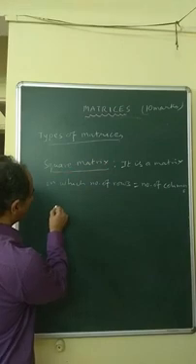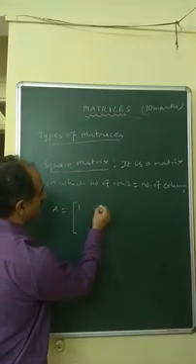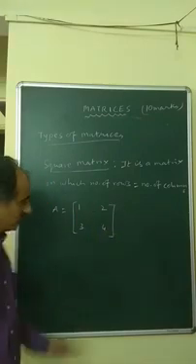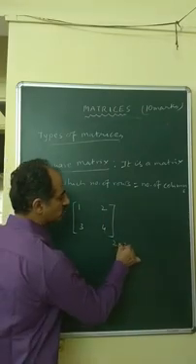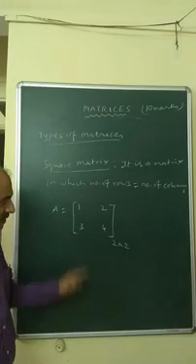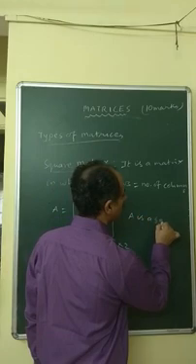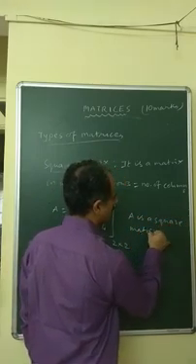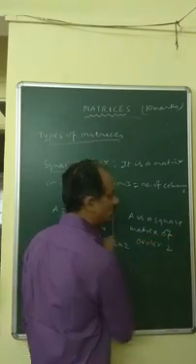Now let us suppose this is a square matrix: 1, 2, 3, 4. What is the order of this square matrix? 2 cross 2. So you can say A is a square matrix of order 2.